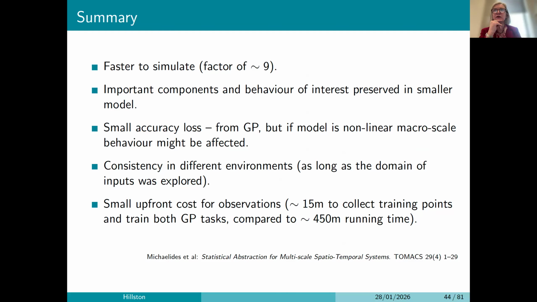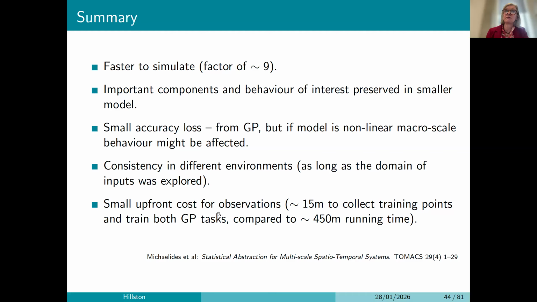If you had a much more complicated macro-scale behaviour, you may see more deterioration than we have. We see this consistency: we can put it into a completely different environment from where we trained the approximation with the simulation runs, and as long as it's still within the range of inputs that we looked at, we still get very good consistency.